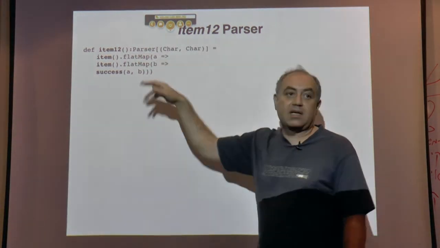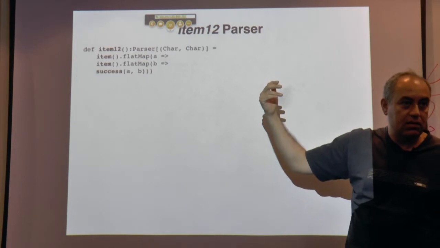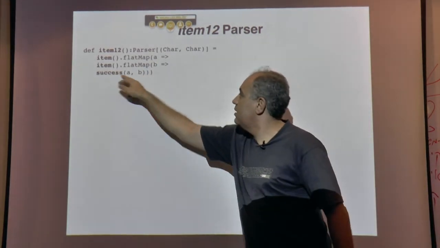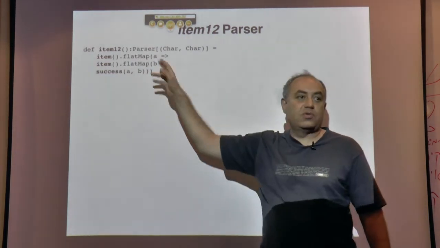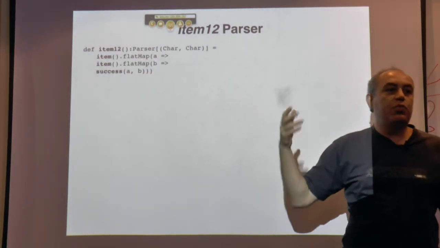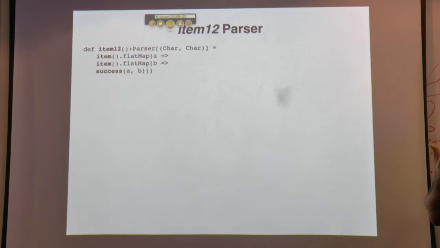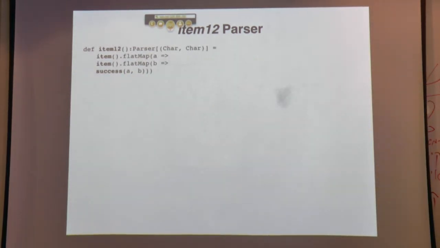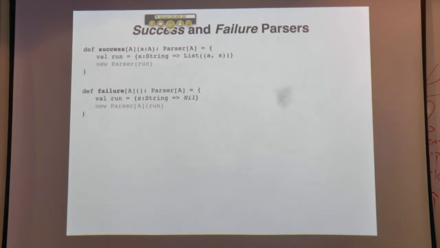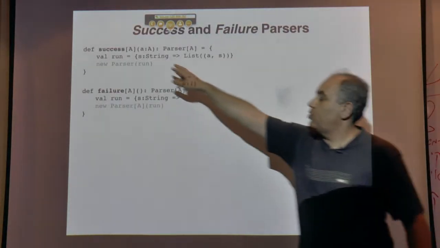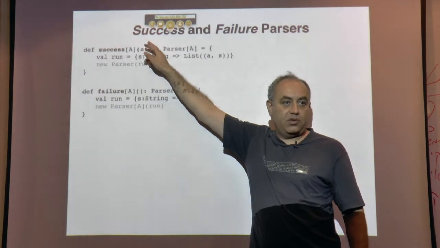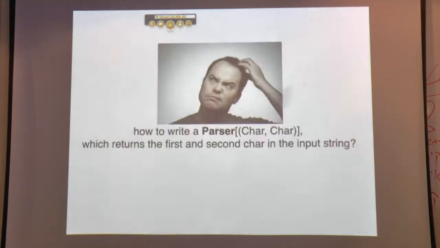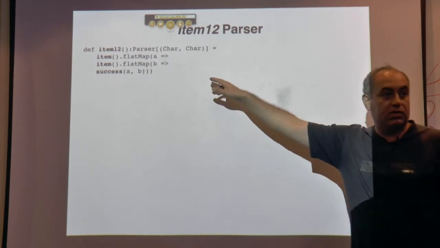The type of B again is a character, and now we want from type B to create a new parser which returns a pair. The success parser always returns the argument. In this case, we'll give it a pair, and it always returns it.